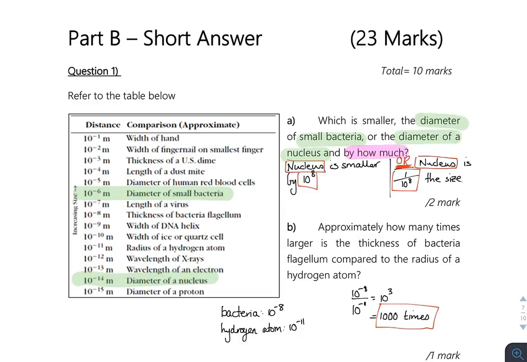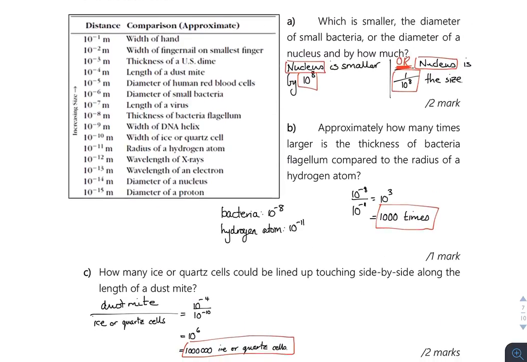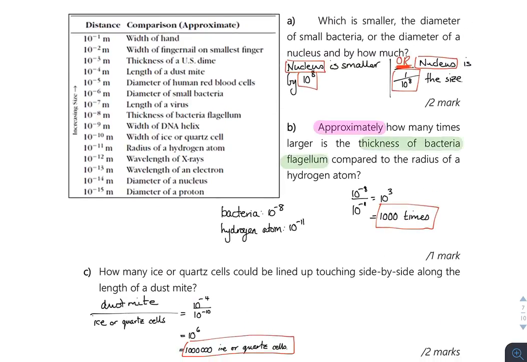Part B, approximately how many times larger is the thickness of a bacteria compared to the radius of a hydrogen atom. So my thickness of a bacteria is 10 to the negative 8. The radius of a hydrogen atom is 10 to the negative 11.